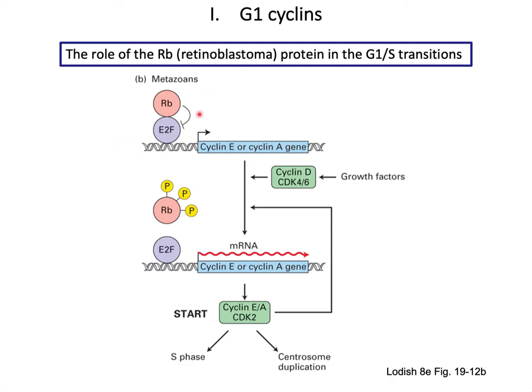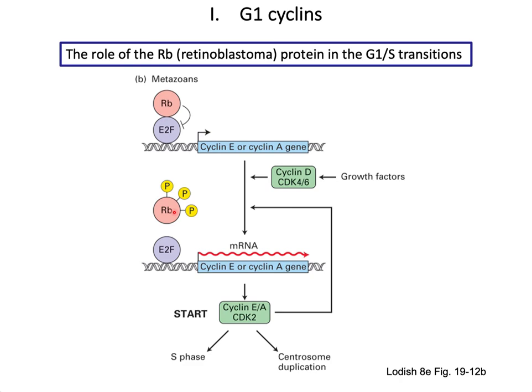So here you have RB and E2F. The RB is inhibiting E2F, but when the RB becomes phosphorylated by, for example, cyclin D CDK4 or cyclin D CDK6, you get the phosphorylation of RB, the release of E2F, and E2F becomes activated. Then it can drive the expression of other cyclins and other genes.